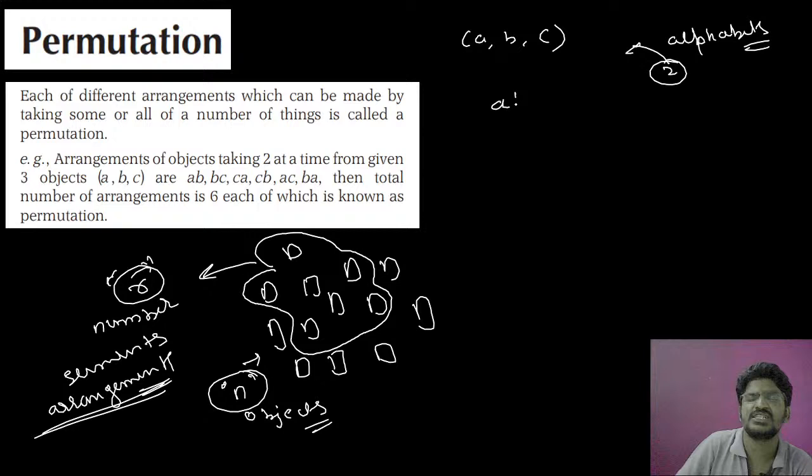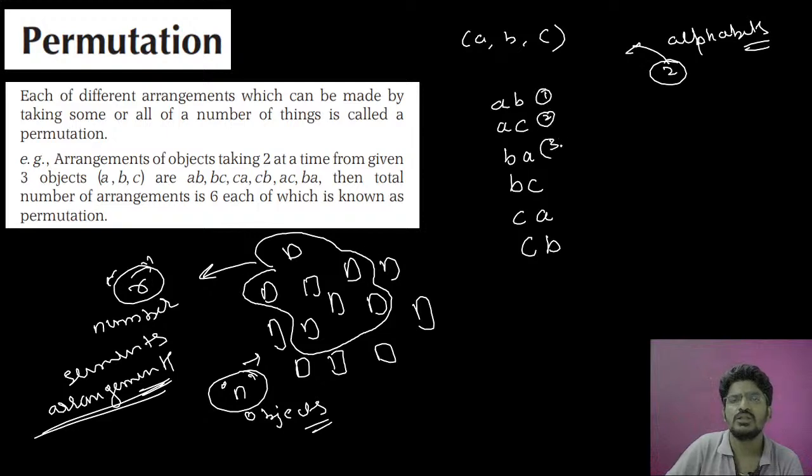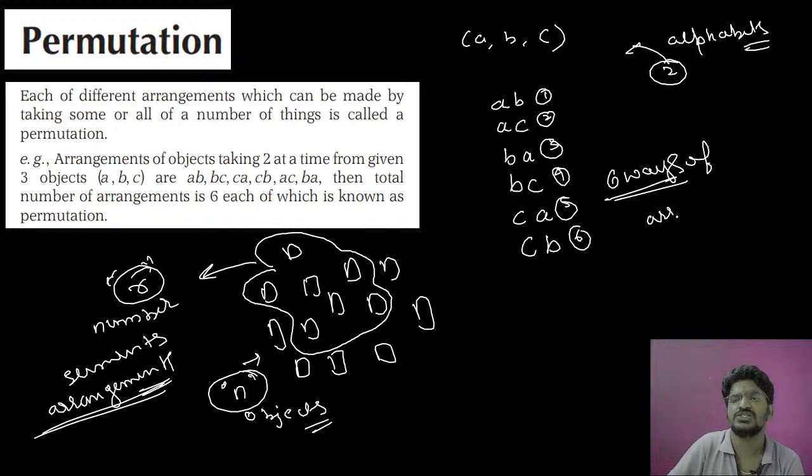So I can arrange it as AB, AC, BA, BC, CA, CB. So you see 1, 2, 3, 4, 5 and 6. That means 6 ways of arrangements I can do.